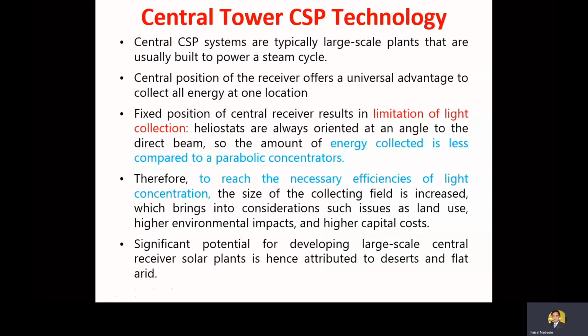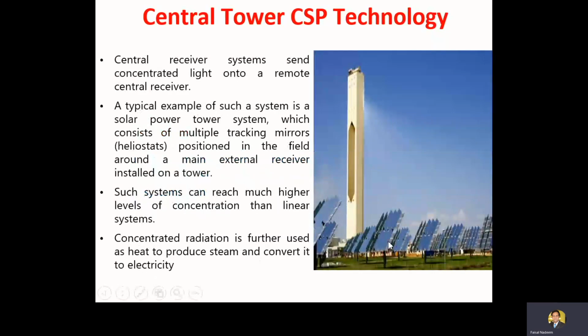This is the central tower, and in front of this tower is where the receiver is placed. If the receiver is placed on both sides of the tower, that is on this side of the tower and on the back of the tower as well, then the mirrors are placed around the tower in every direction.